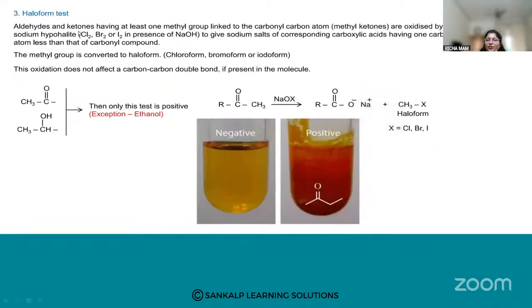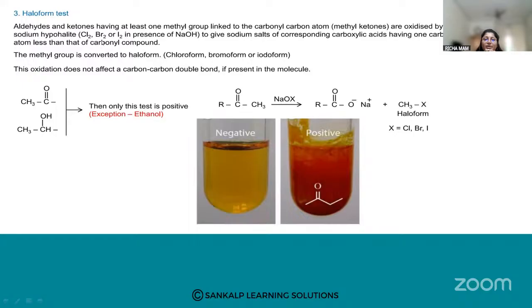Next is the haloform test. So for the haloform test, aldehydes and ketones should have at least one methyl group attached to the carbonyl carbon. Such compounds are called methyl ketones.